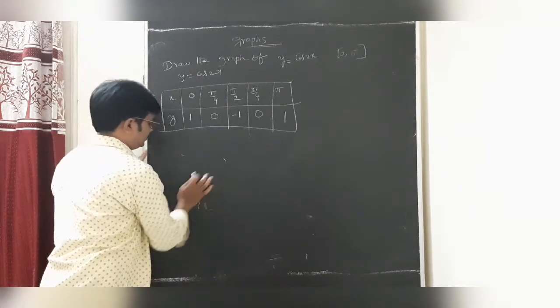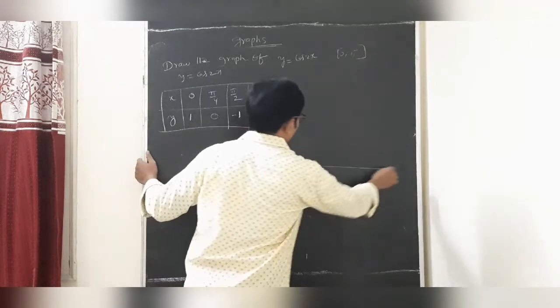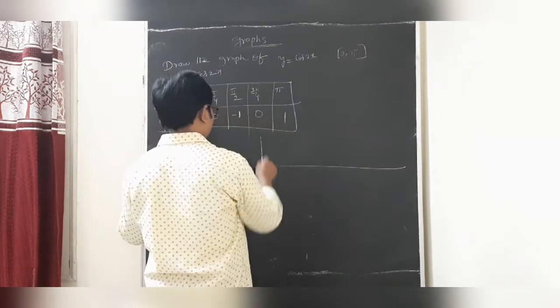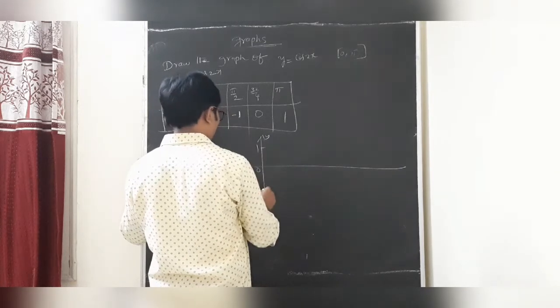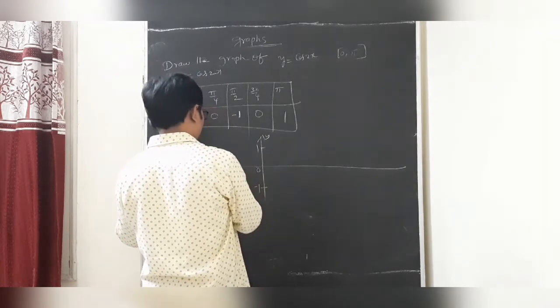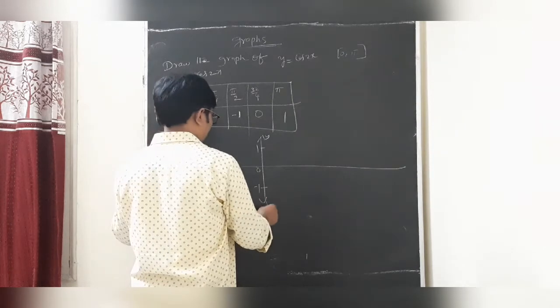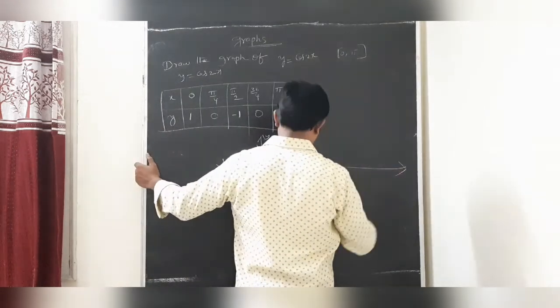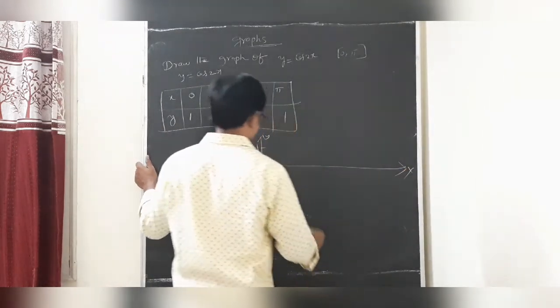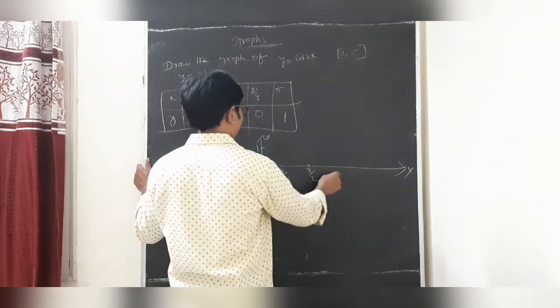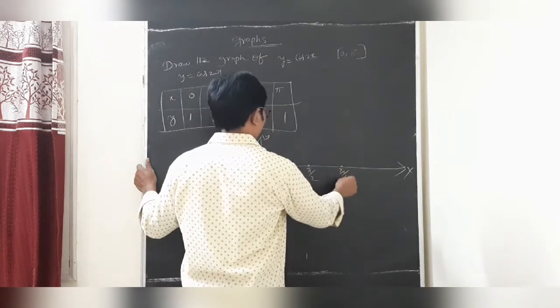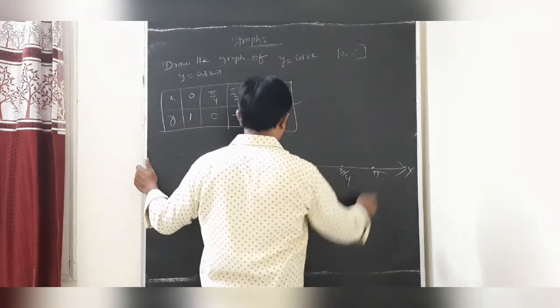Now students, the graph of this function. First is 0, y-axis, maximum value 1, minimum value minus 1. This is the negative y-axis, this is the positive x-axis. So first pi by 4, pi by 2, 3 pi by 4, this is pi.